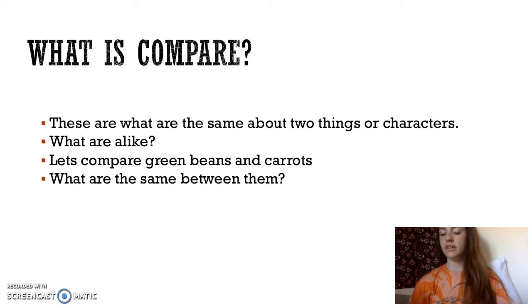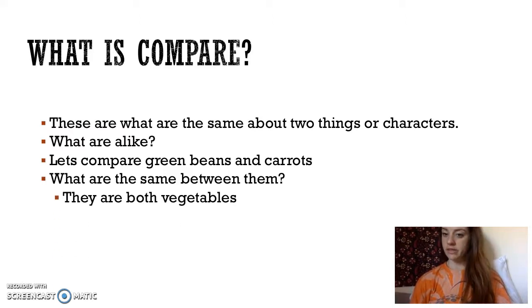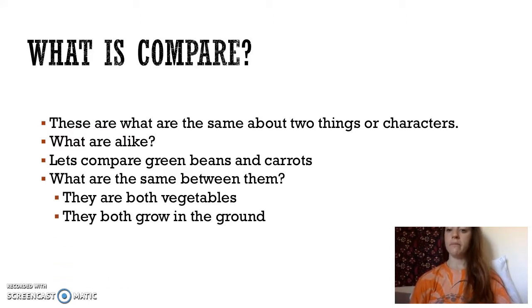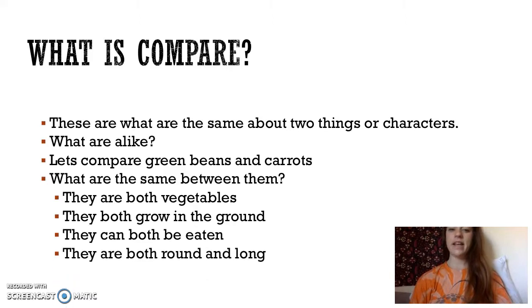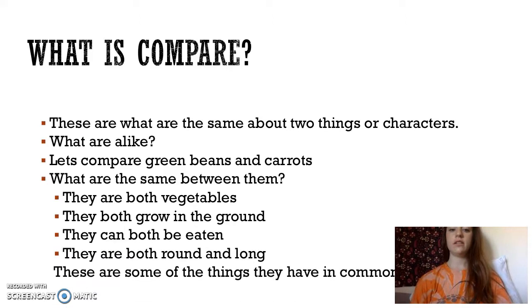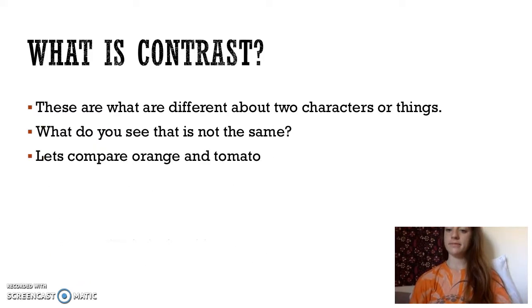I'll have them give me answers, but I'm going to give away what they would probably say. They are both vegetables. They both grow in the ground. They both can be eaten, and they are both round and long. These are some things that they have in common.